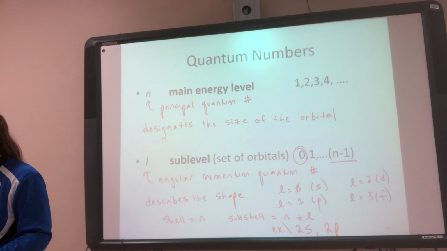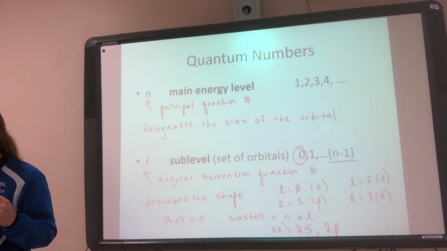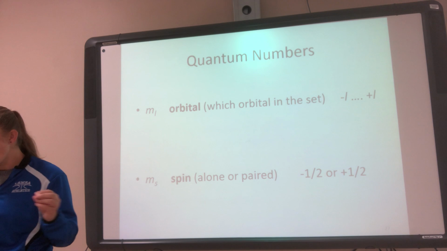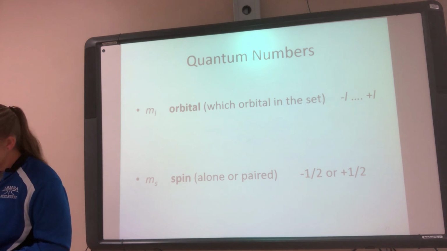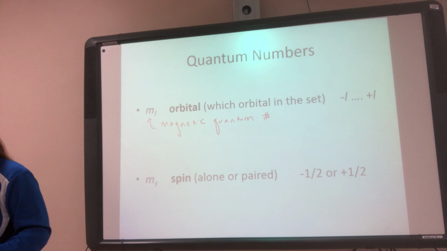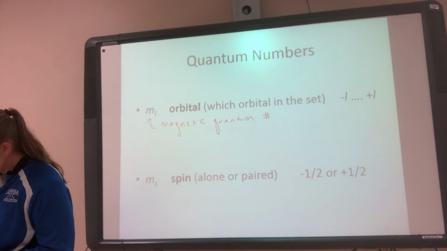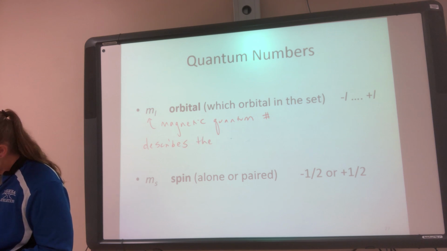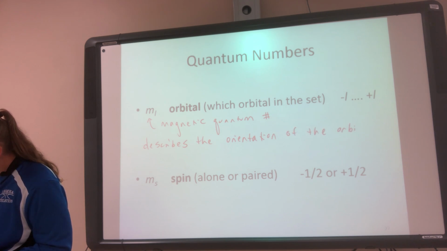Next we want to look at my last two quantum numbers, which are ML and MS. M sub L is my magnetic quantum number. It describes the orientation of the orbital in space.